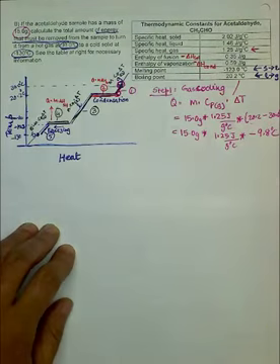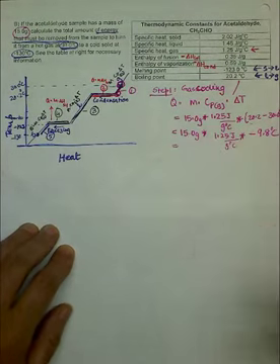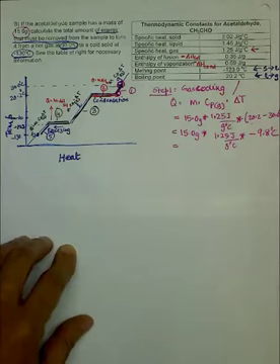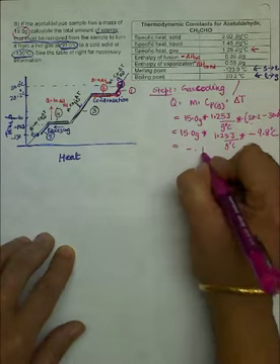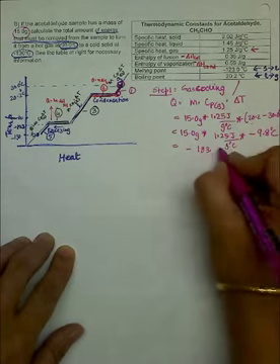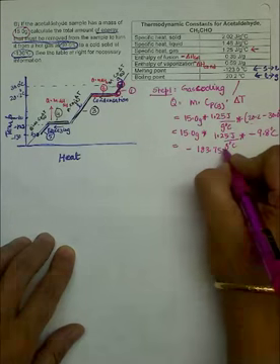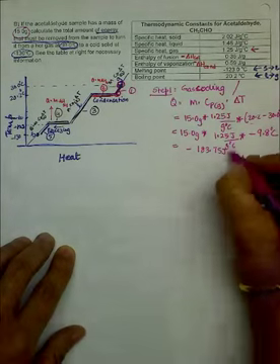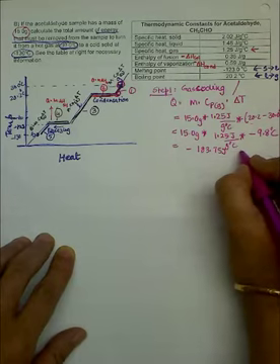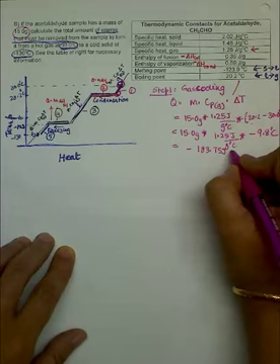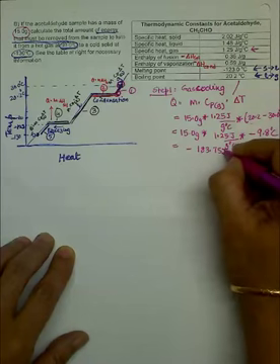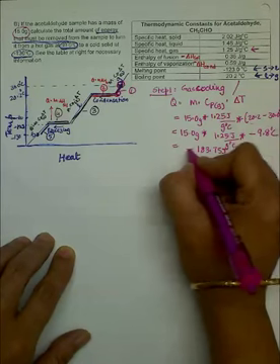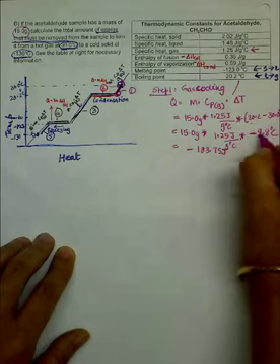Now, if I multiply the 3 numbers, my final answer is negative 183.75 joules. I'm not looking at sig figs right now, but I'm going to round at the end. My answer units is in joules, and it's negative because my temperature change was negative.